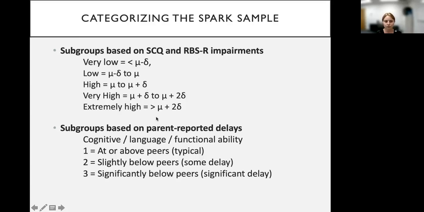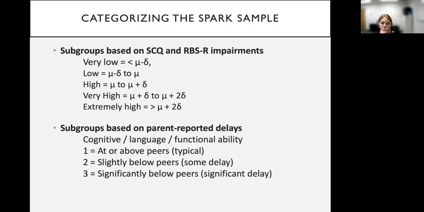And then the next thing I looked at is the other delays, so general delays that are not related to core impairments of autism. And not a lot of children have IQ measures or more robust assessments.